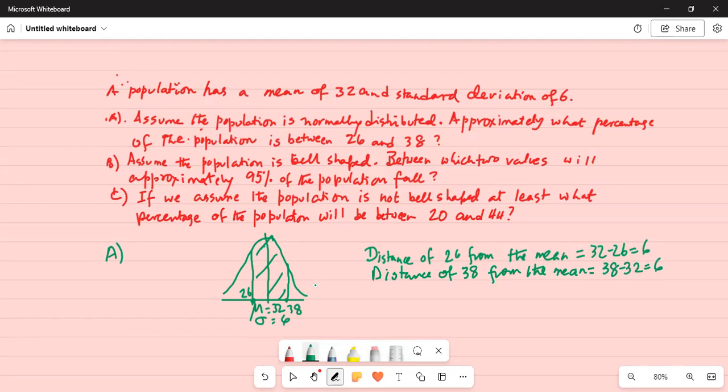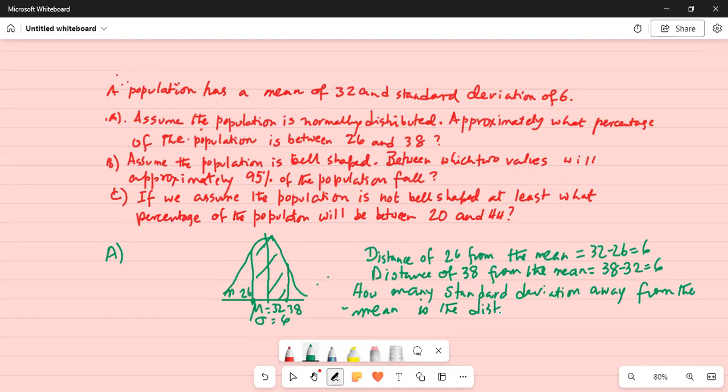So the question is how many standard deviations away from the mean is this distance of 6. Remember, the standard deviation is 6.